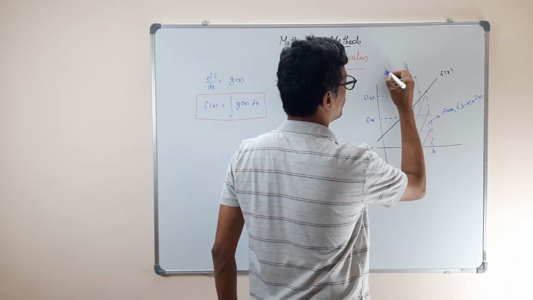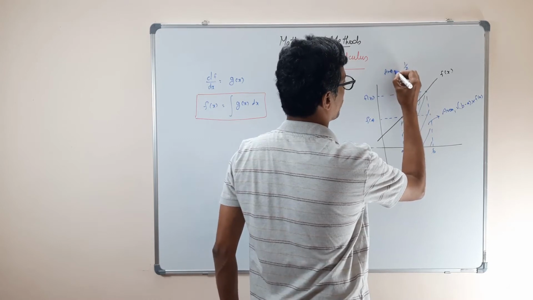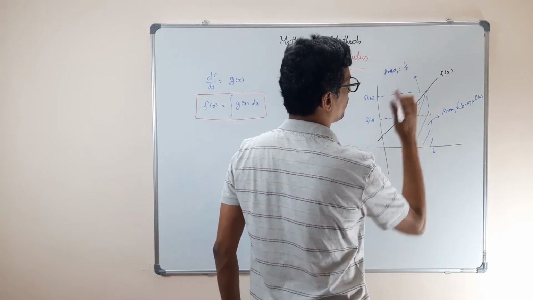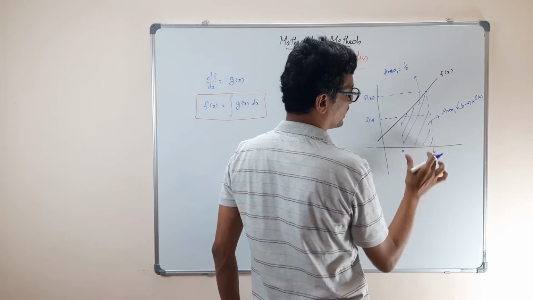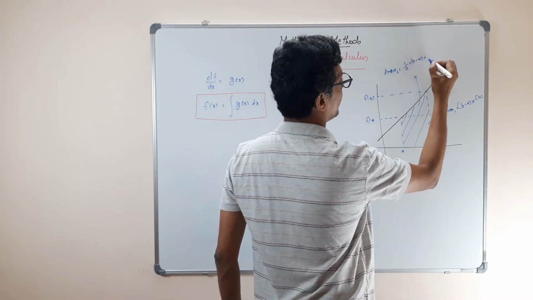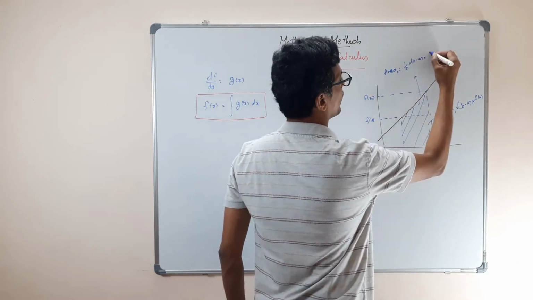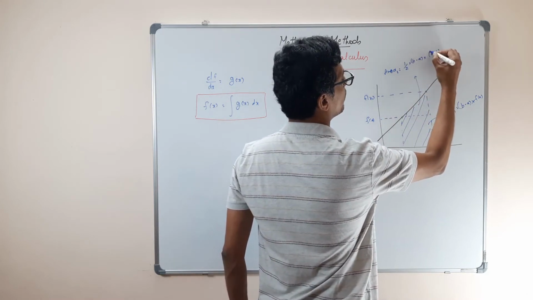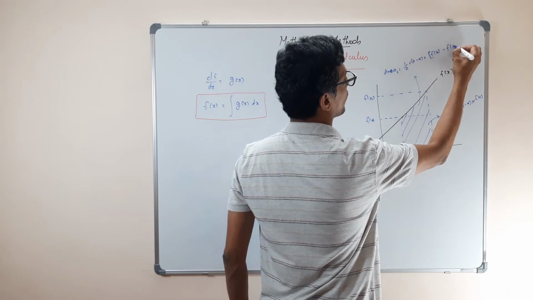Area 2 I am writing. That will be half into base. Base is B minus A, into height, which will be f of B minus f of A.